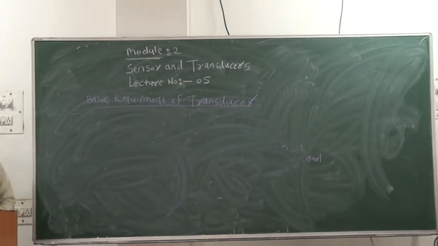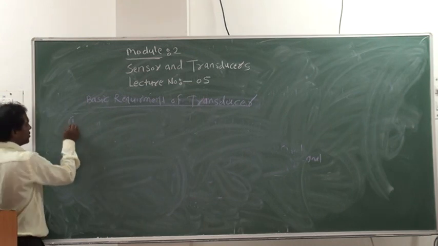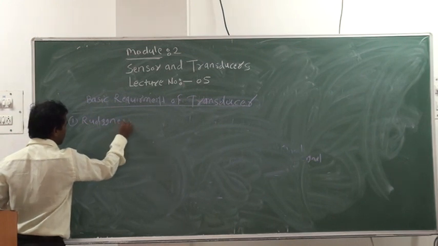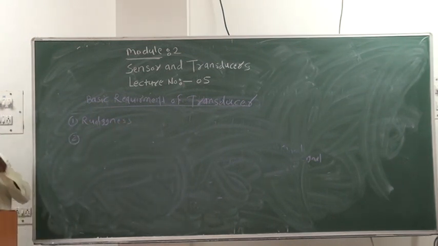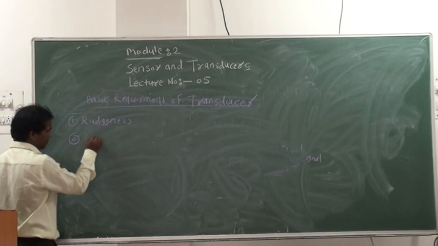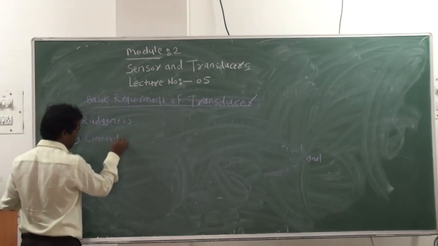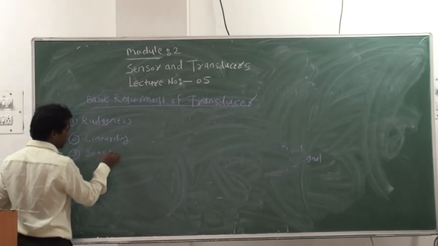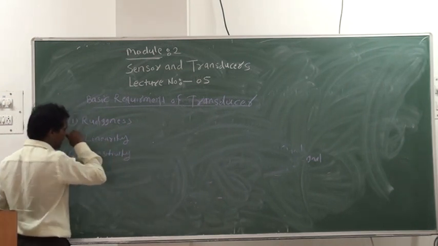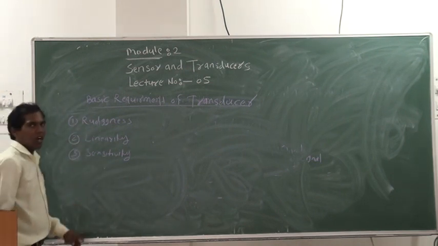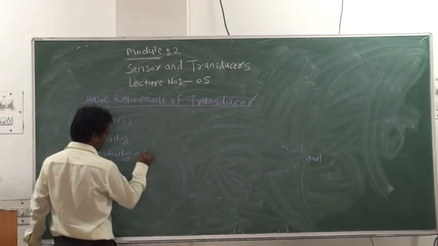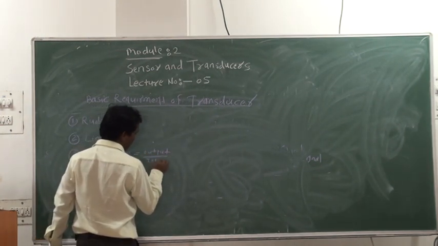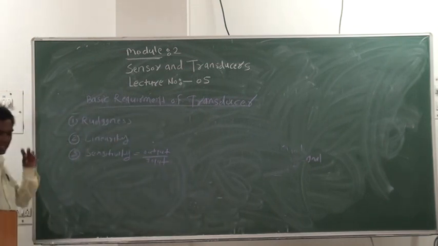First one is fineness, second one is linearity. Then third, sensitivity. Sensitivity can be defined as the ratio of output to input. That is nothing but sensitivity.